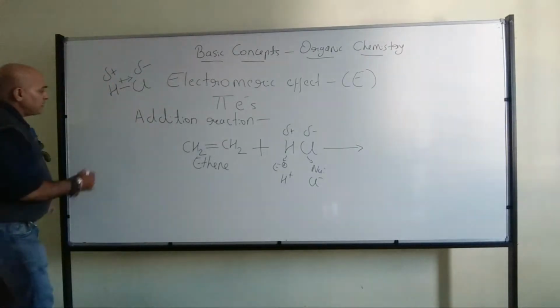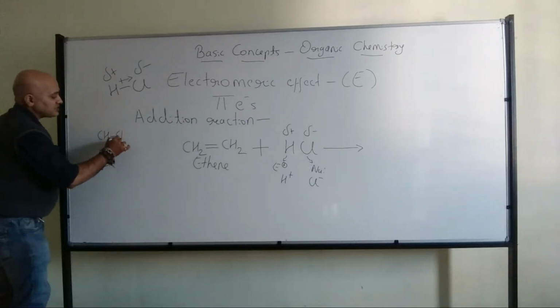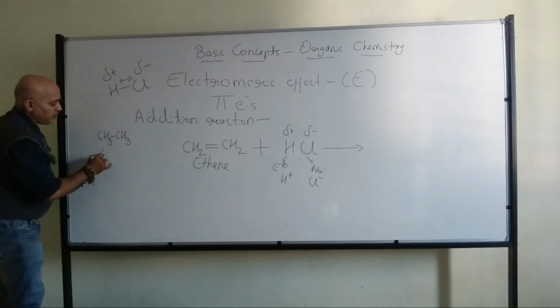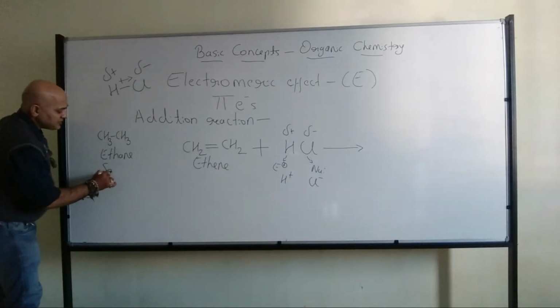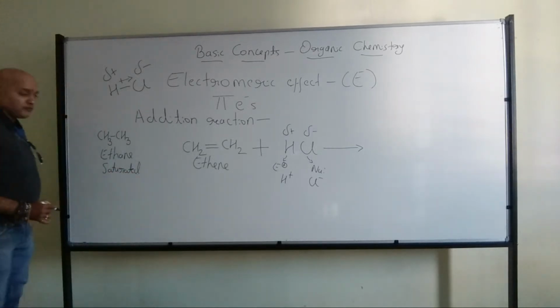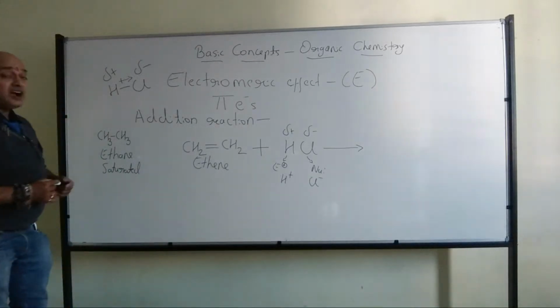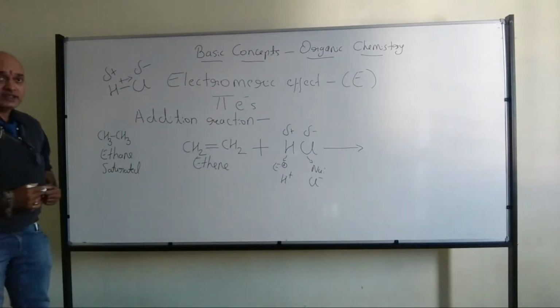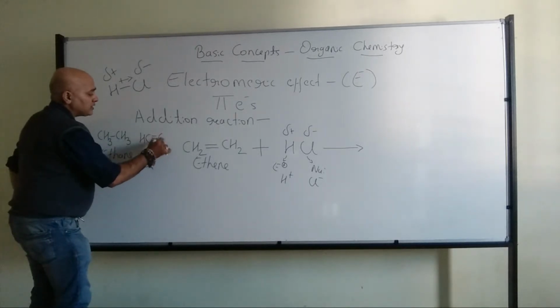Say for example, I have ethane, CH3, which is an example of an alkane. It is a saturated organic compound. But if I consider ethene, it is an unsaturated one. In the same way, I have ethyne, with a triple bond.